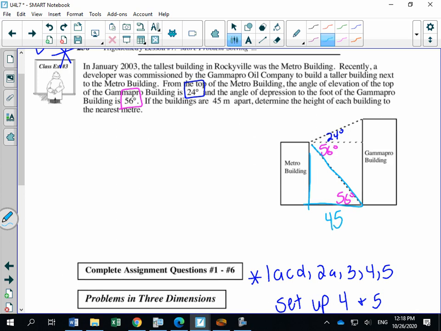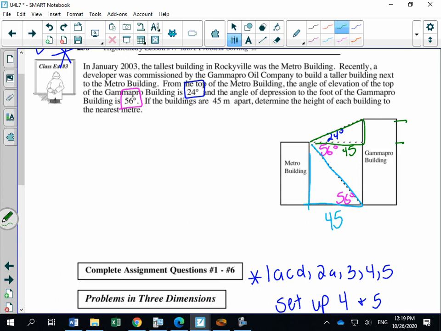I also have enough information to figure out this piece of the Gampero. Because if this is 45, what's this triangle distance here? 45 as well. So as soon as I put the 45 down here, I'm going to put that 45 here as well.